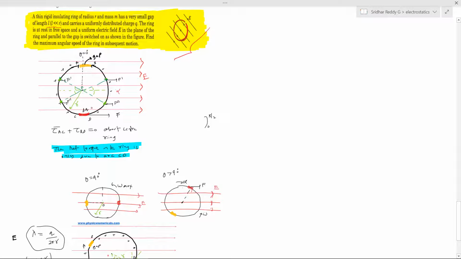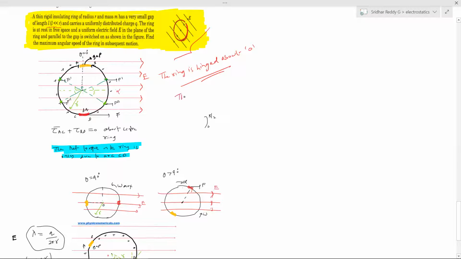Now definitely what I can say is that the net force makes it rotate. The ring is hinged about O, so it can have only rotational motion.